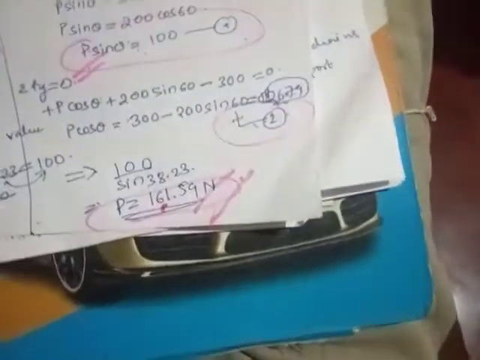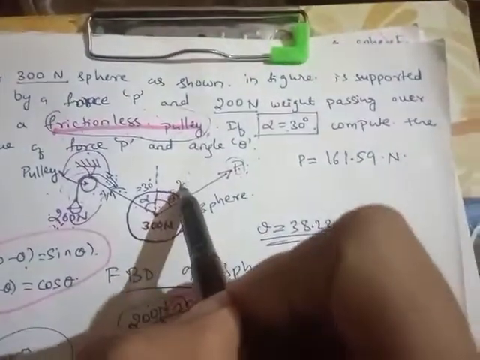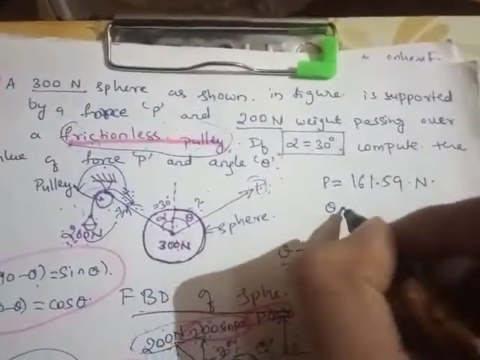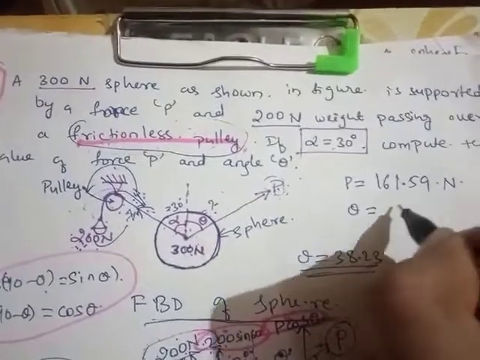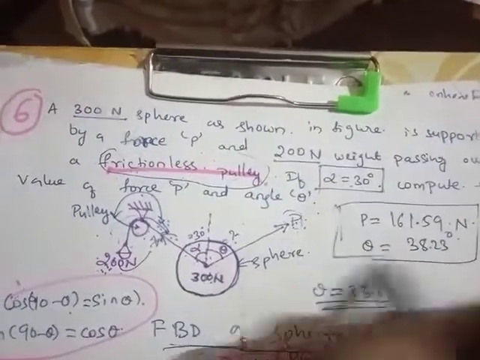The value of P we got is 161.59 Newton, and the angle theta is 38.23 degrees. So finally our objective is completed.